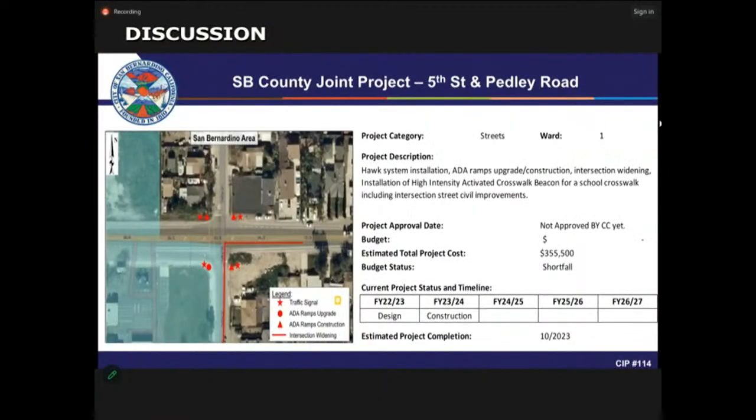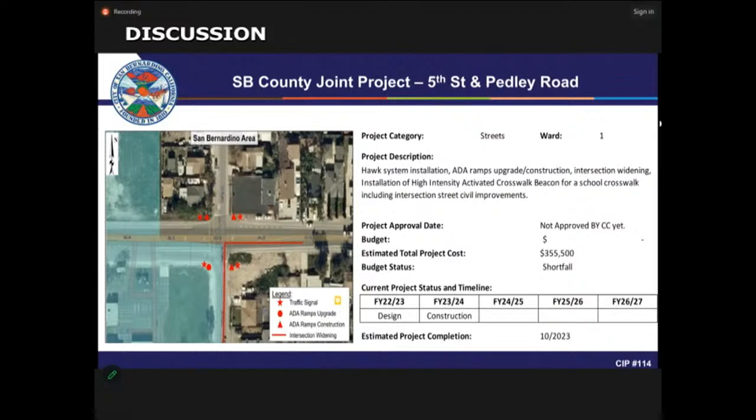The next one is another joint project, at 5th Street and Pelly Road. Again, we don't have a co-op agreement with the county, so it's on the agenda to enter into an agreement with the county for all the improvements. This includes the Hawk system installation, ADA ramp upgrade construction, and the installation of a high-intensity activated crosswalk beacon for a school crosswalk, including intersection street civil improvements.